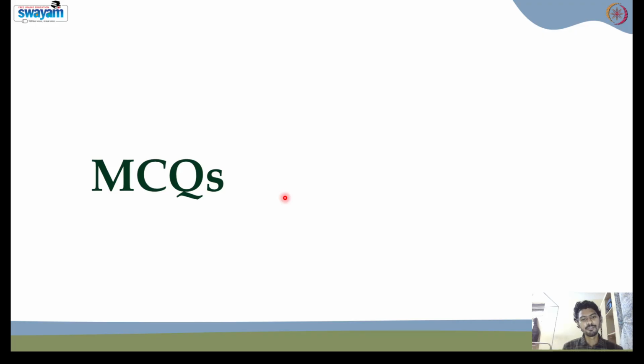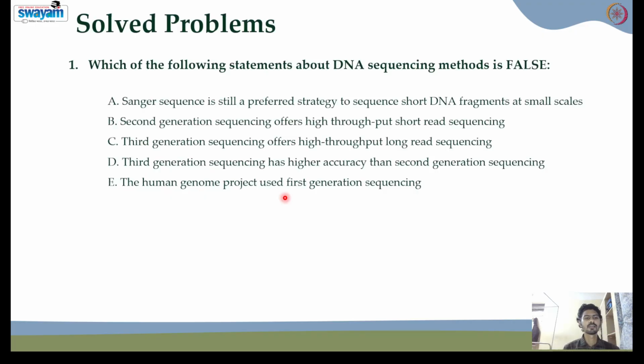Okay. First question: which of the following statements about DNA sequencing method is false? Carefully read the question. Option A, Sanger sequencing is still a preferred strategy to sequence short DNA fragments at small scale.